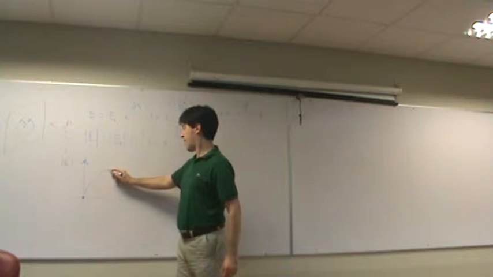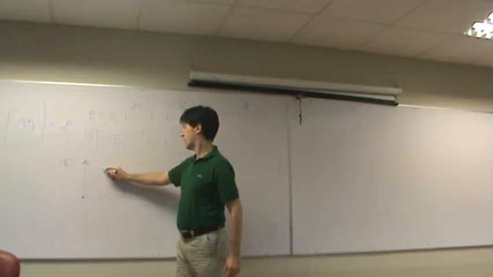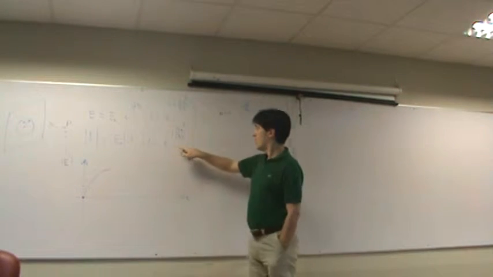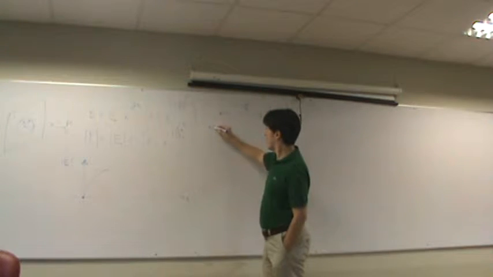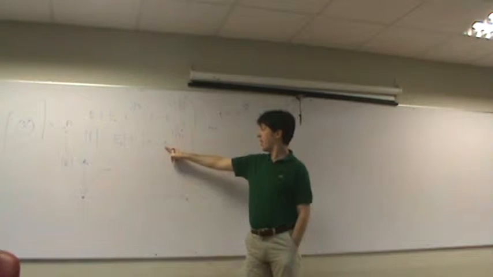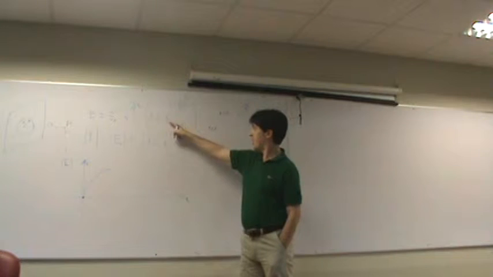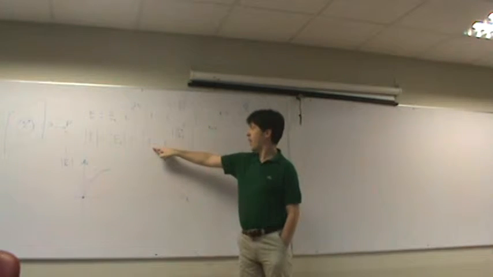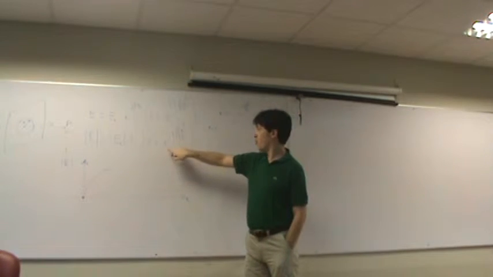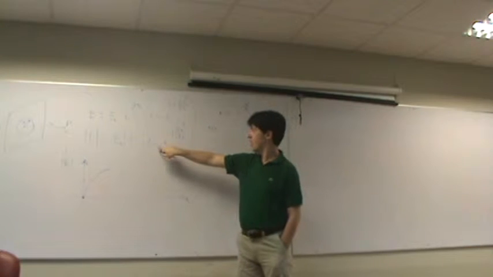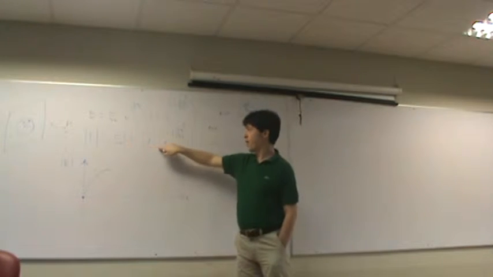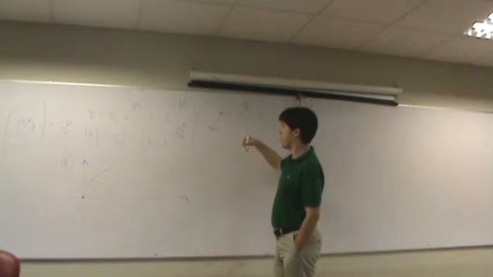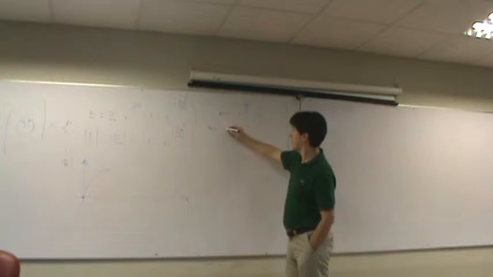And it reaches a maximum value when this number is -1, because when this is -1, this is 1 plus 1, and this is the maximum value that you can achieve.